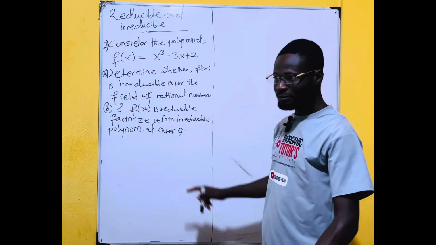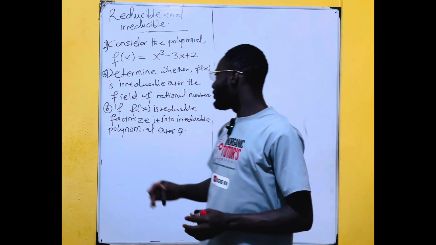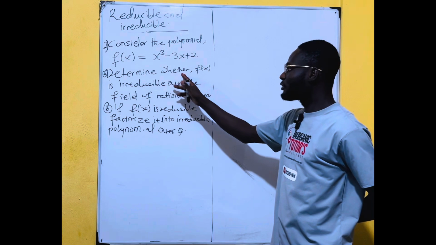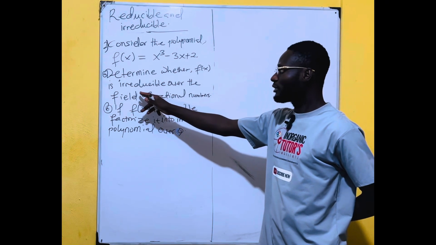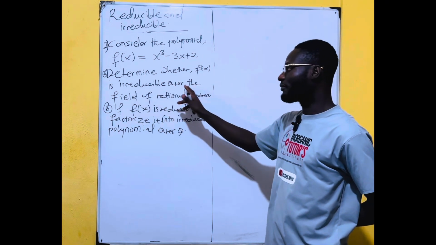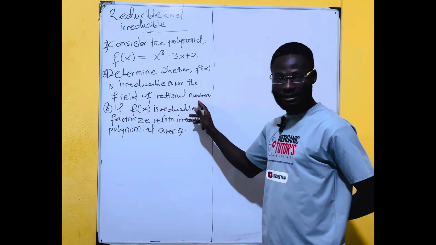rationals, right? So now, how are you going to tackle this? How are you going to determine whether f of x is irreducible over the field of rational numbers?